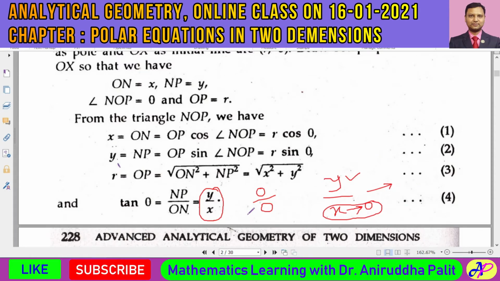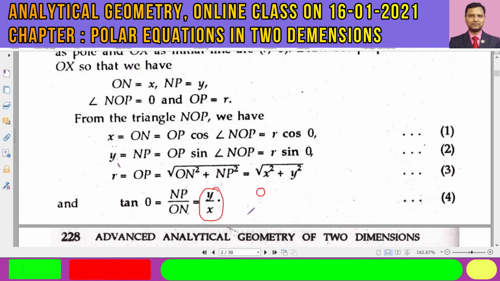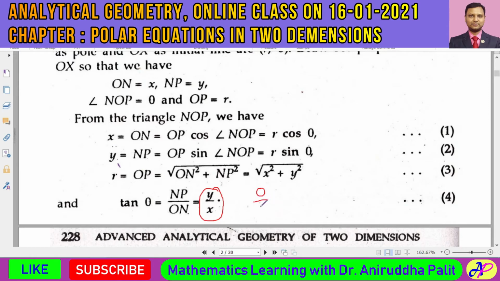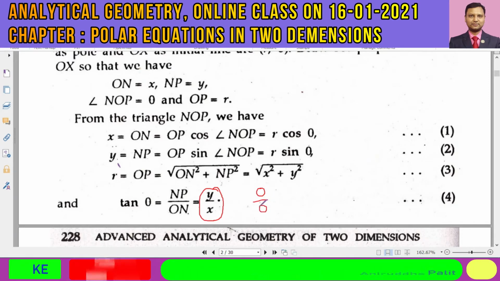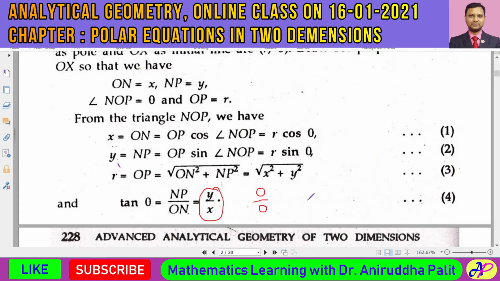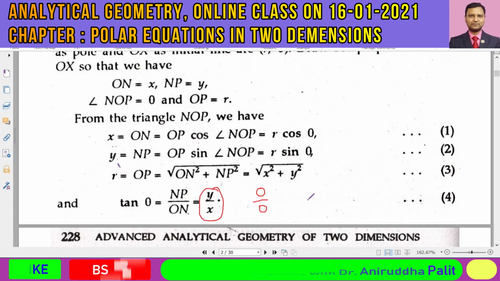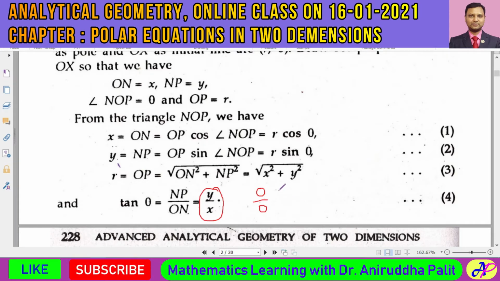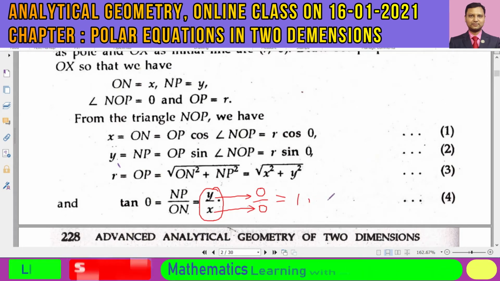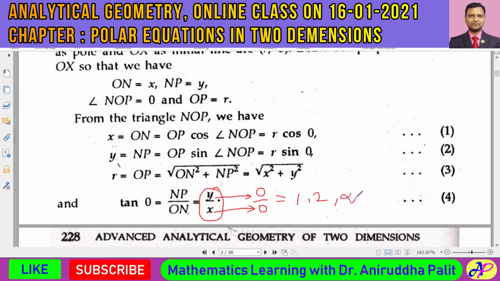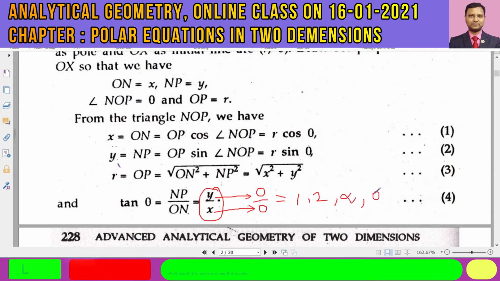But if along with x equal to 0, y is also equal to 0, then we do not have any definition or interpretation of this 0 by 0. And if we want to apply the idea of limit, say y tending to 0 and x also tending to 0, in such cases we find that the value of this expression is sometimes 1, sometimes 2, sometimes infinity, sometimes it may be equal to 0.